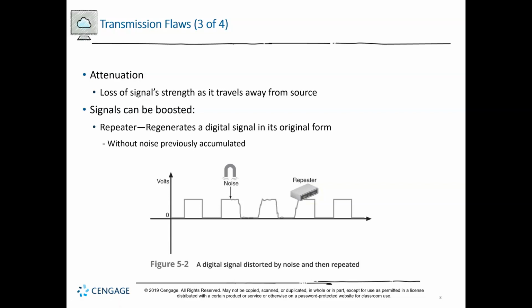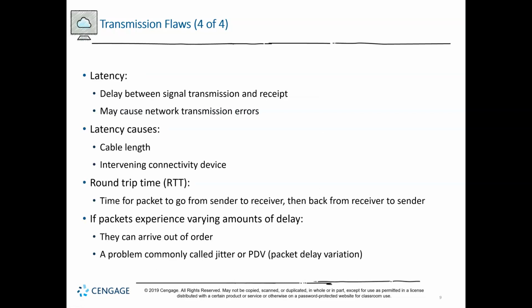So between Omaha and Kansas City on a fiber optic we did, there's actually 2 of these repeaters. Each time we have that repeater, it adds a little bit of time delay because it has to read it and then resend it. So repeaters are great, but it does have a little bit of a time issue. And the time issue, we call latency.